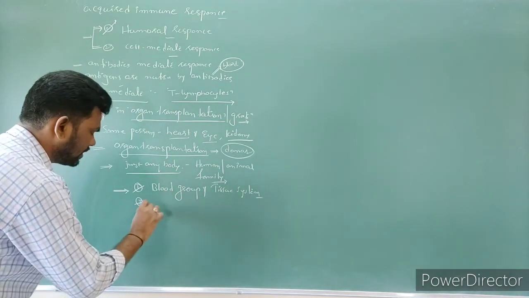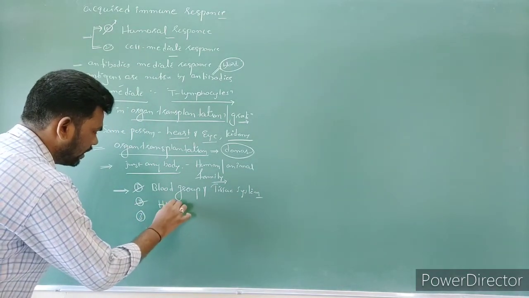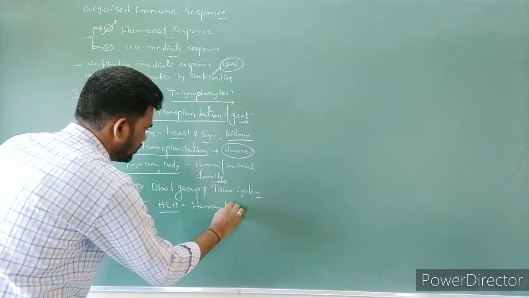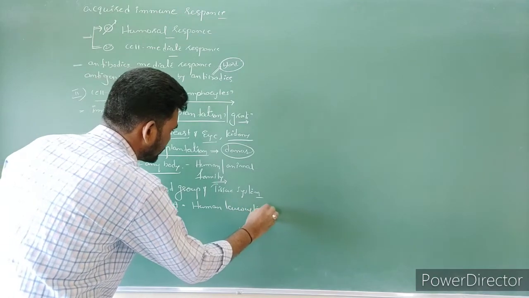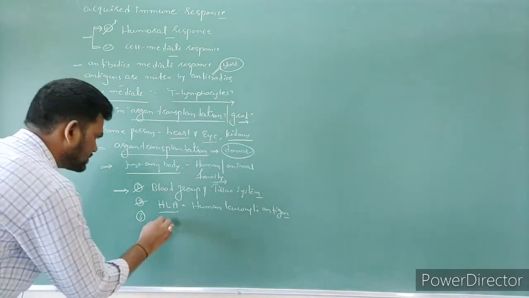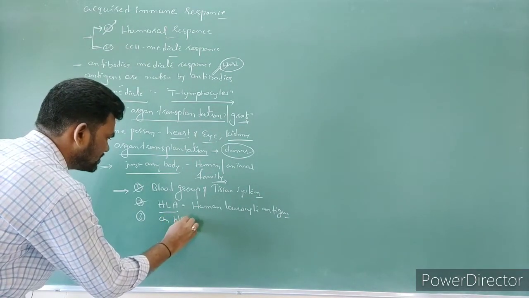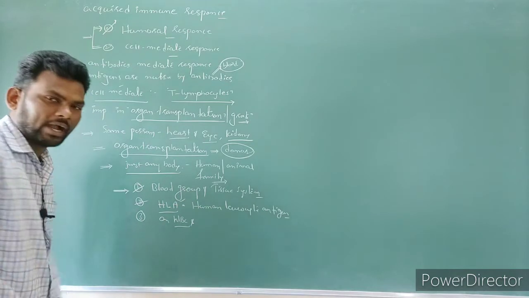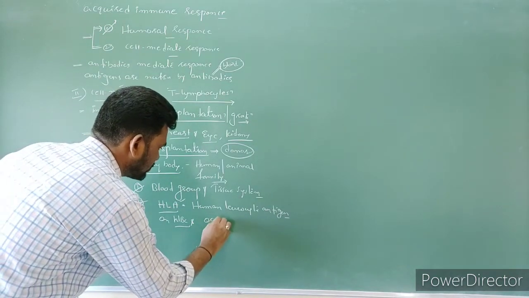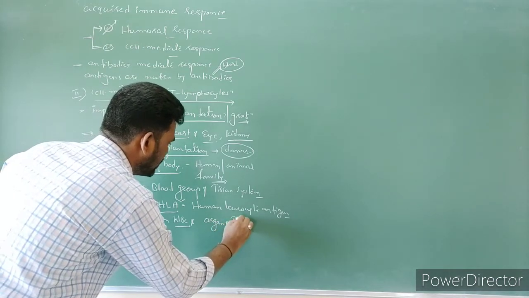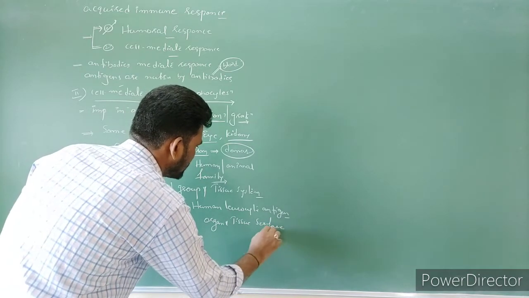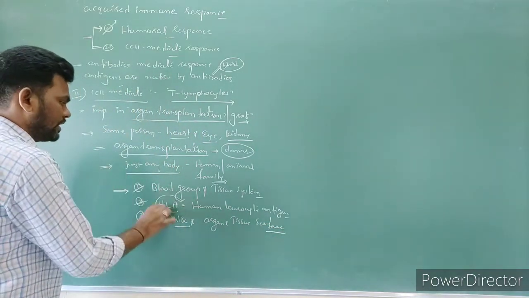and also especially HLA, which means human leukocyte antigens, which are present on WBC cells. The WBC cell surface contains this type of antigen, and some normal organs and tissue surfaces also contain this HLA.